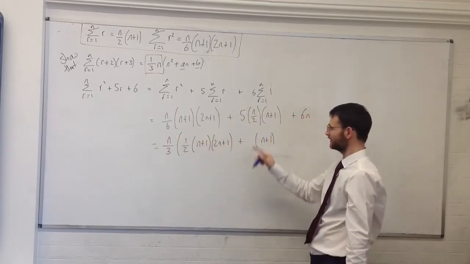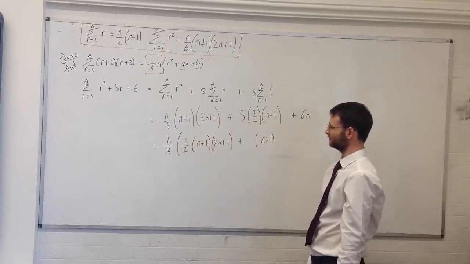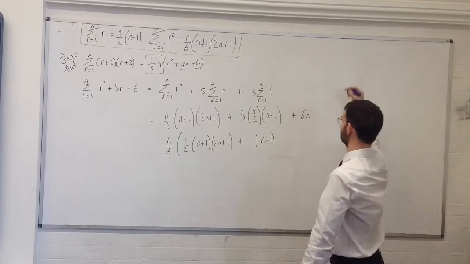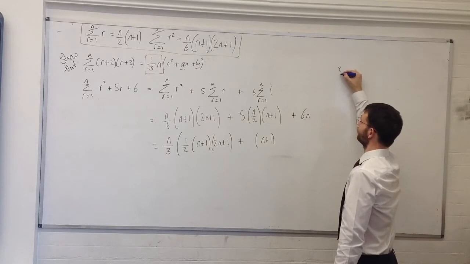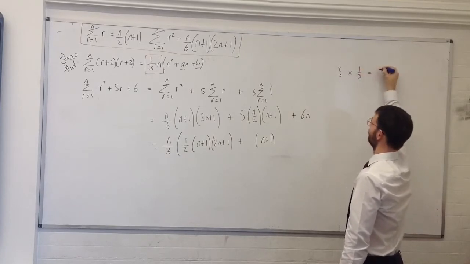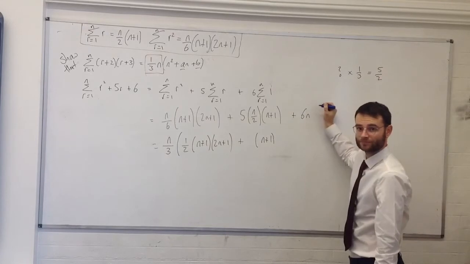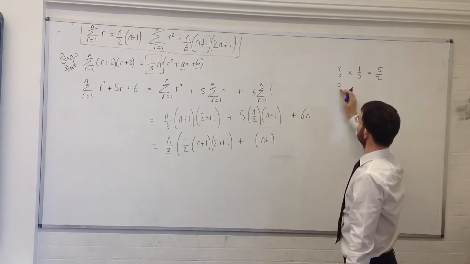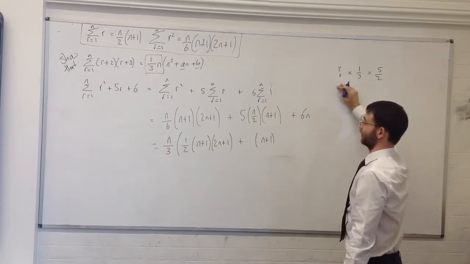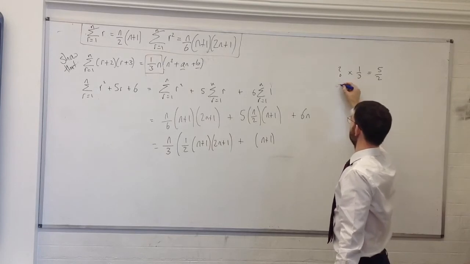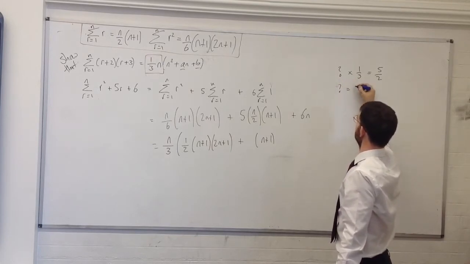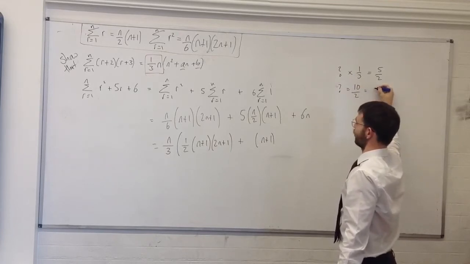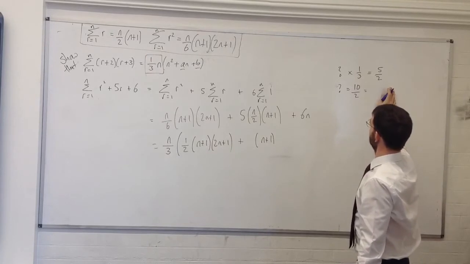But it's over 3, and I've got it over 5 over 2. So what times by 1/3? Basically I'm doing this in my head. Something times by 1/3 gives me 5 over 2. Well, 5. So this is a bit annoying, but really we can rearrange it and say that the question mark is 10 over 2, which is not correct. 15 over 2.